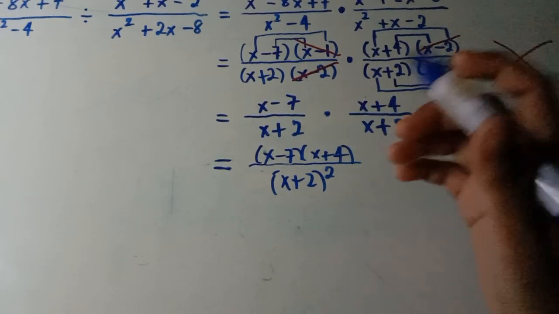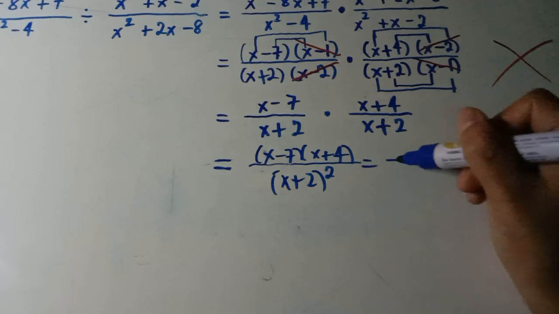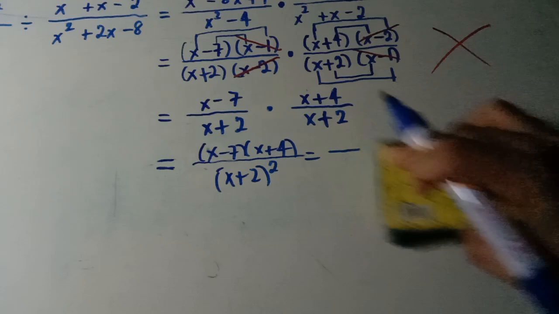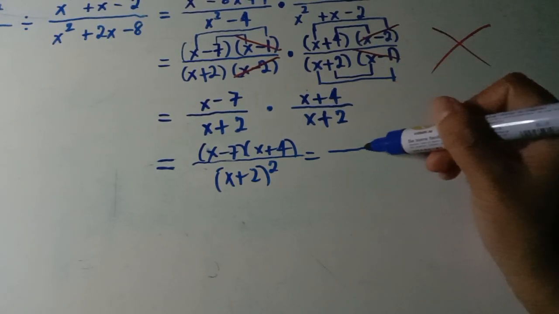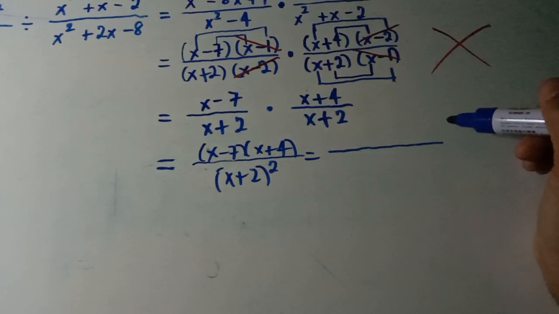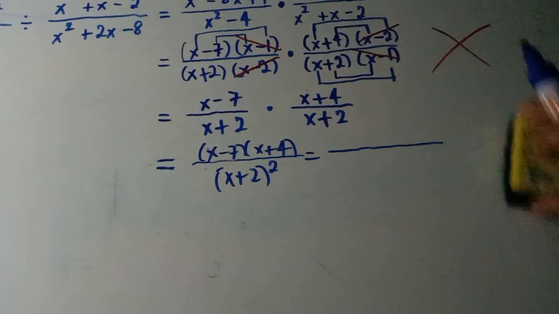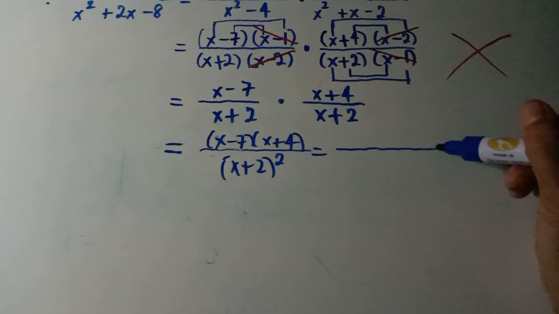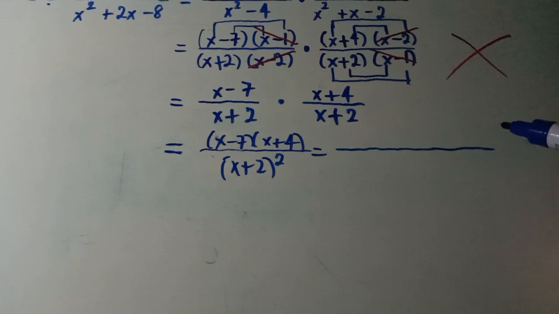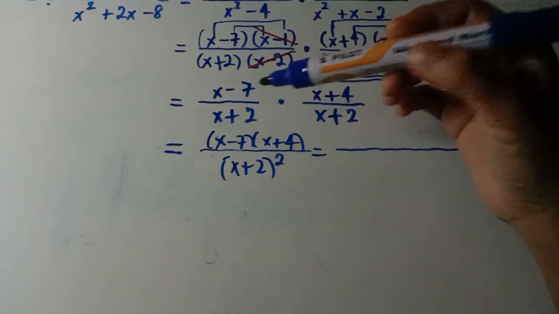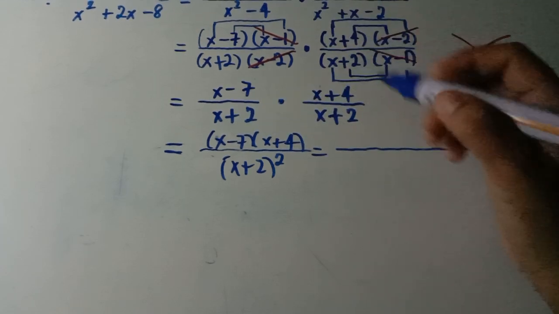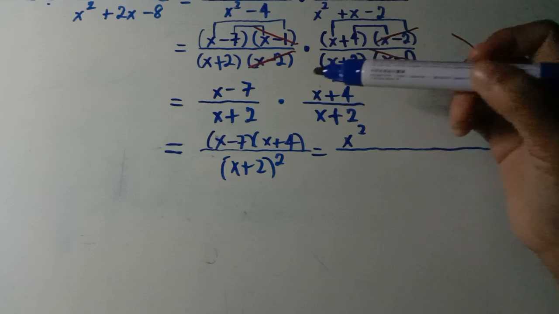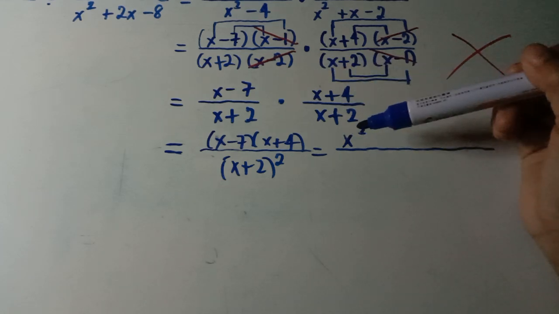Sunod, sa gali gamiton nga method ug ma-multiply ta og duha ka binomial. Di ba FOIL method? So we are going to use FOIL method. So x times x squared. Sunod, FOIL method.